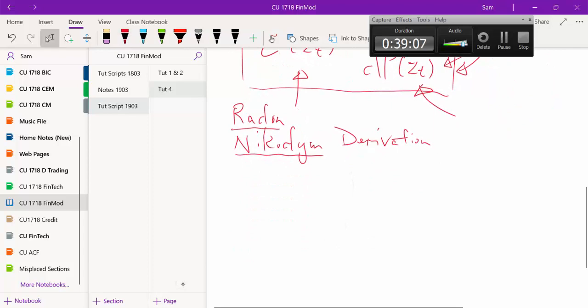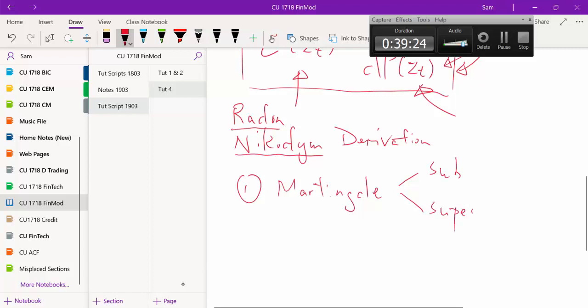So what are the concepts to understand? Well, first of all, the concept of martingale, and how it can be complicated when something is either a sub-martingale or a super-martingale.